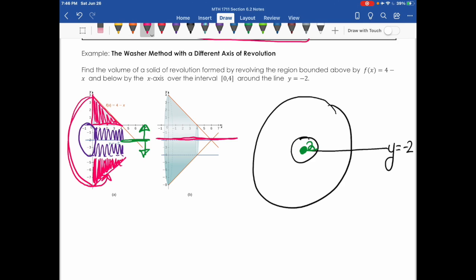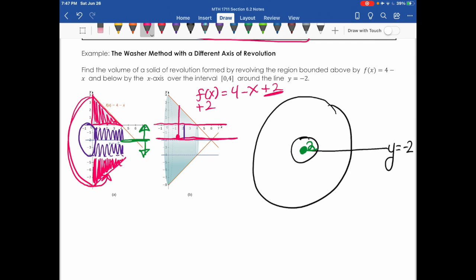If we look at the center, where you have y equals -2, that radius from the entire center out is going to be the function 4 minus x, but you're going to have an extra 2 that you have to count because it's shifted down 2. Here's the x-axis. It's shifted down an extra 2 spots. So we have to add 2 to the length of that radius.